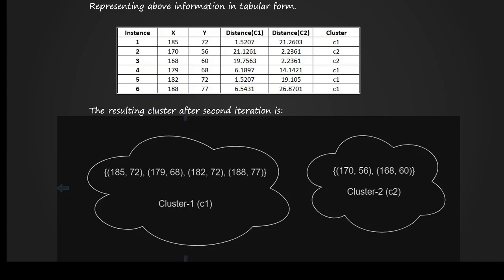So this will be the final and correct cluster. The K-means process says that we do this until there is no change in the clusters. We can see that there is no change in our clusters C1 and C2, so this will be the final cluster and the result of the K-means iteration.